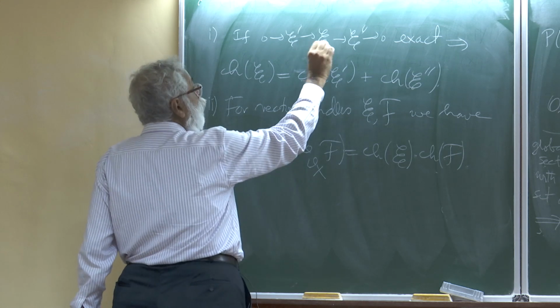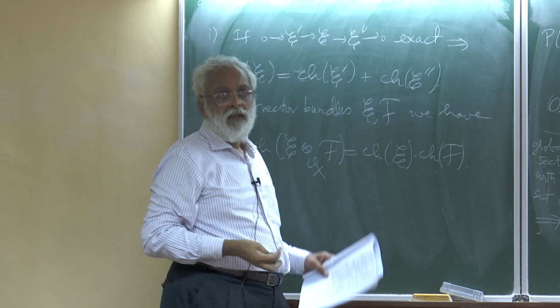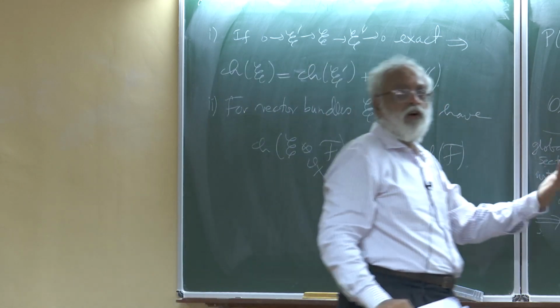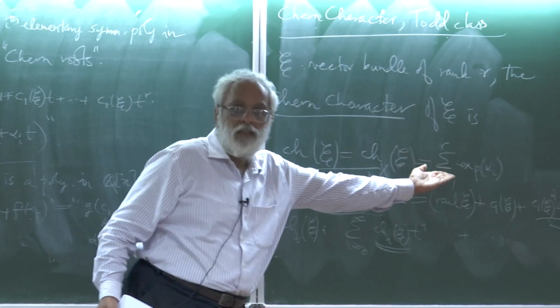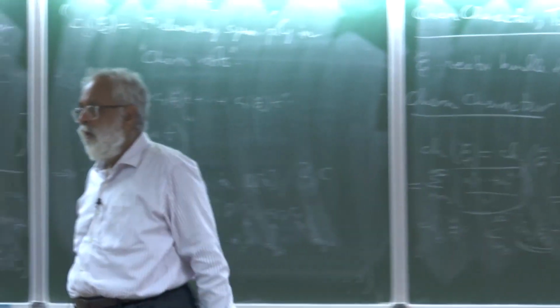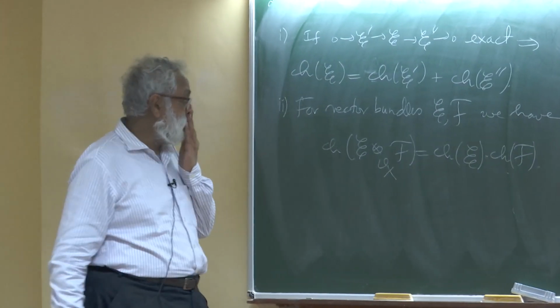So therefore the Chern roots of this are the union of the Chern roots of this and this. And I'm just taking the sum of exponentials over the roots, I break the sum into two terms, right? That's, in a formal way, how I do it. And then, anyway, that's fine.